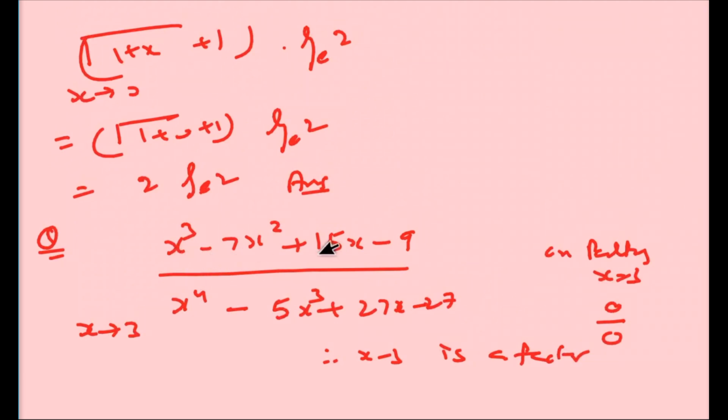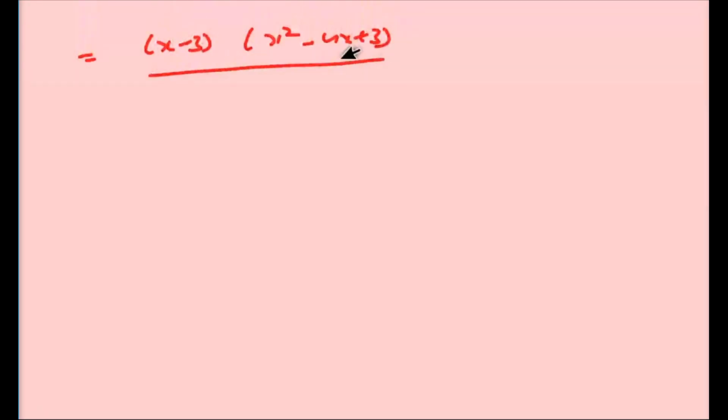Dividing by x minus 3, we can find the question separately, and you can divide it yourself. When you divide this, we will get the question this way. One factor is x minus 3 of the numerator, the other is x square minus 4x plus 3, and dividing the denominator by x minus 3, we will get x minus 3 times x cube minus 2x square minus 6x plus 9.